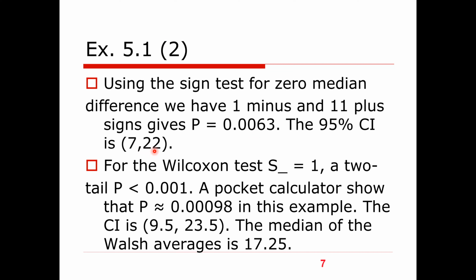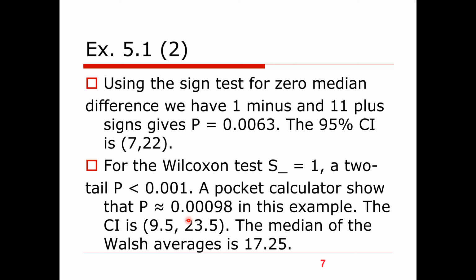This is the sign test. If we use the Wilcoxon test in R, we can only get an asymptotic p-value, right? Because we have ties in ranks, and the Wilcoxon test in R can only give us an asymptotic p-value rather than an exact p-value.